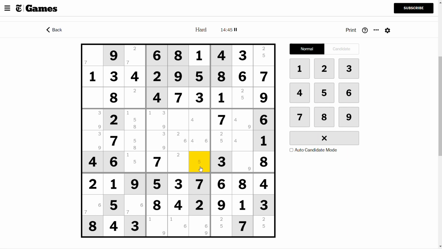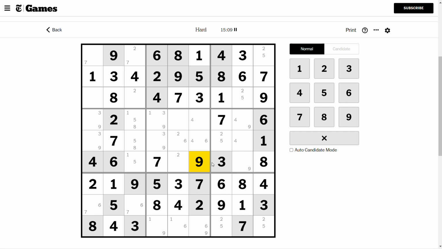Okay, so this cell is a 9 because it sees every other digit. The cell sees 1, 2, 3, 4, 5, 6, 7, and 8. So the only digit that this cell does not see is 9, so 9 has to go into this cell.